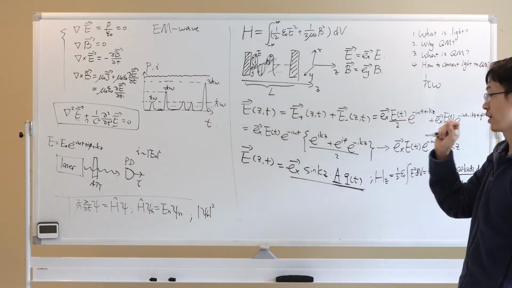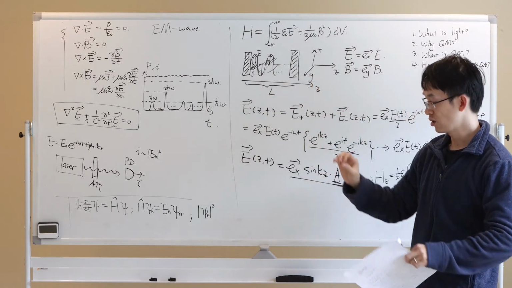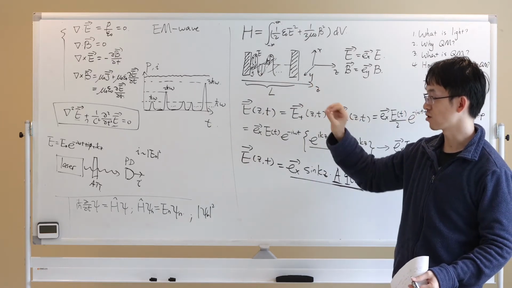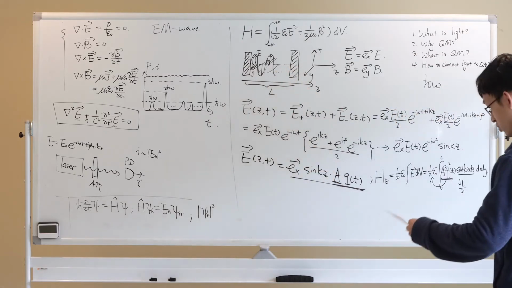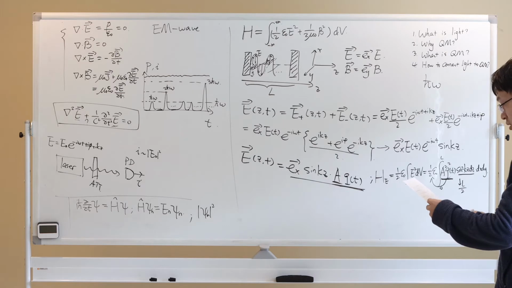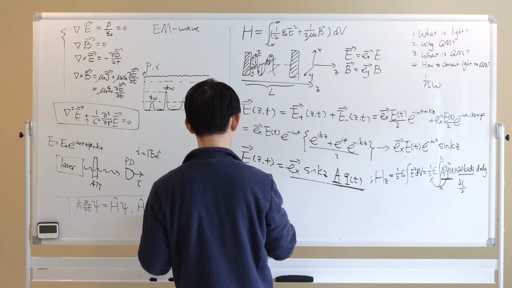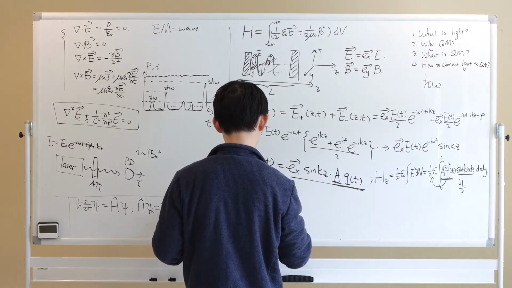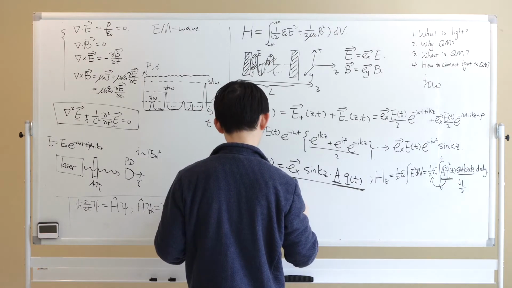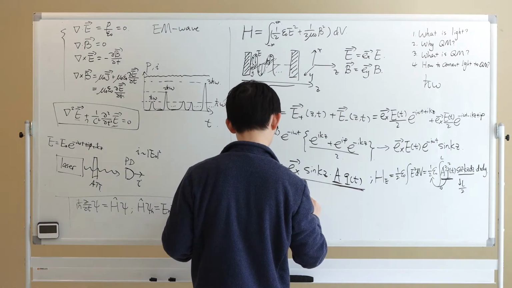The dimension, the area would be, you can think about it as the cross area of the beam itself, right? So here, what we get is actually 1/2 epsilon A square Q square.